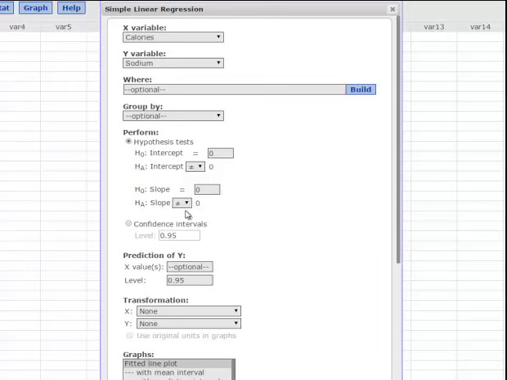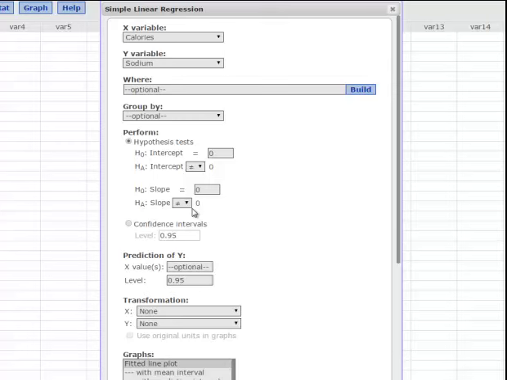I'm going to leave this as a two-tailed test, and you'll notice in your book it says that for the tests in this book, we're only doing two-tailed tests. So it's either there is no linear relationship as stated in the null, versus there is a linear relationship. And we can tell if that linear relationship is negative or positive by looking at both the graph and the sign of the correlation coefficient.